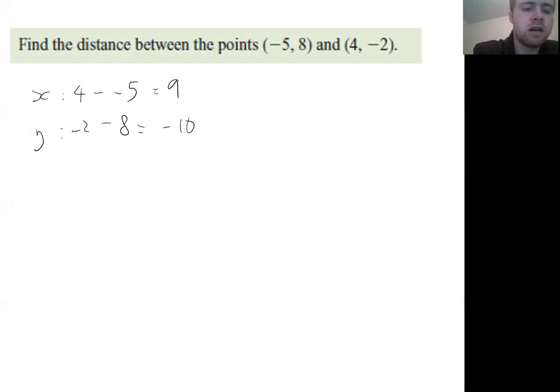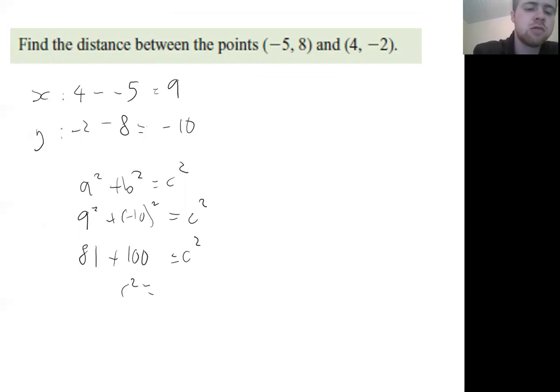So to find out, we're going to use this old equation. Our horizontal component is 9. So 9 squared plus -10 squared equals c squared. This becomes 81. This becomes 100. So c squared equals 181.